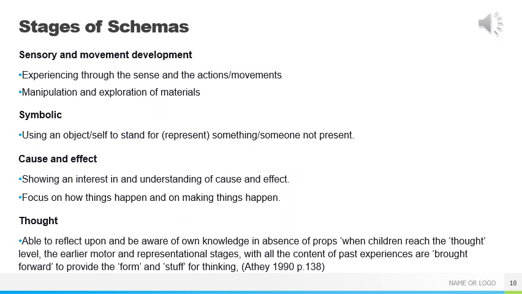Stages of schemas. The first stage, which some people class as level 1, is the sensory motor stage. So sensory and the movement. Babies and young children learn through their actions, movements, and information they receive from their 5 senses: sight, hearing, touch, smell, and taste.